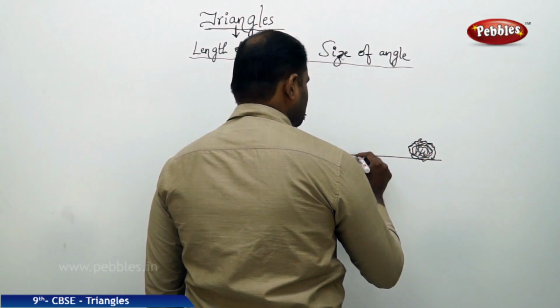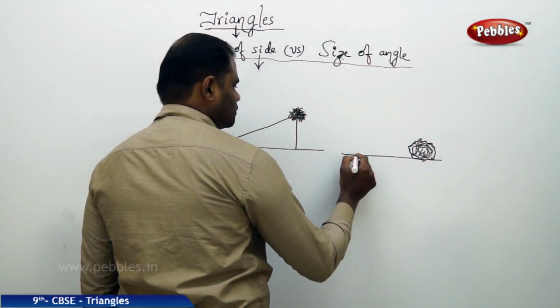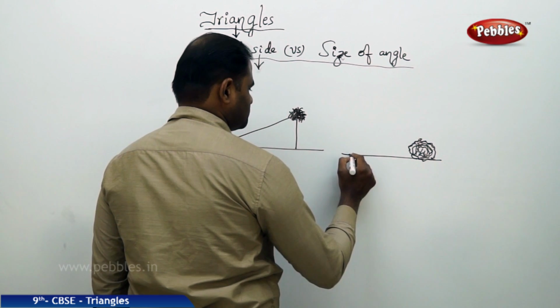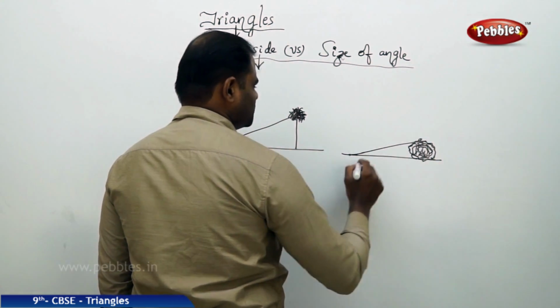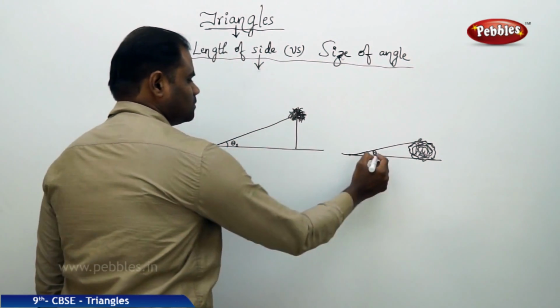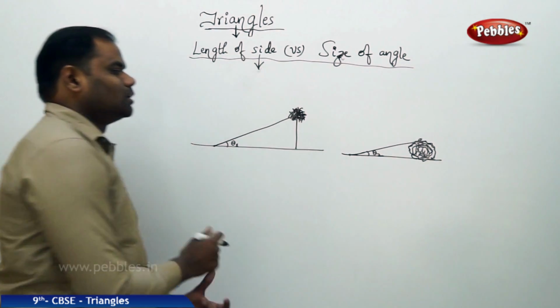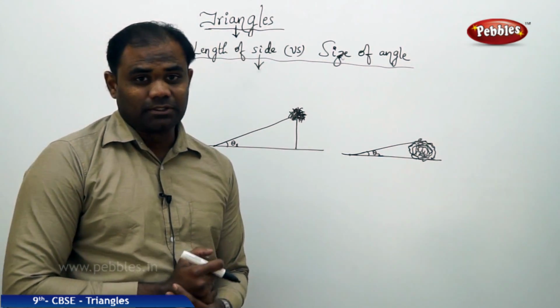and I stand here at the same distance and then watch the bush out here. So this angle is theta 2. Then what do we observe from these two real life situations?